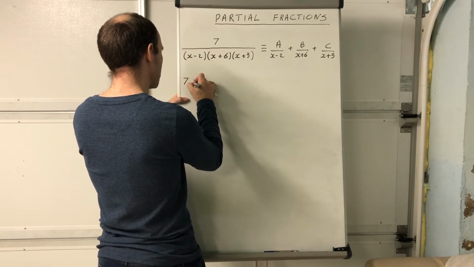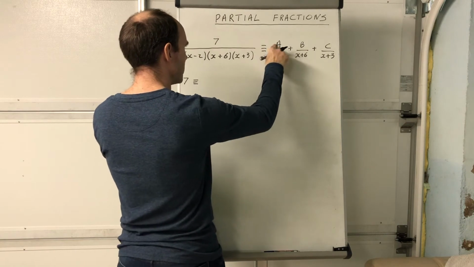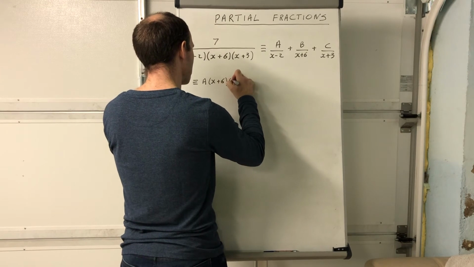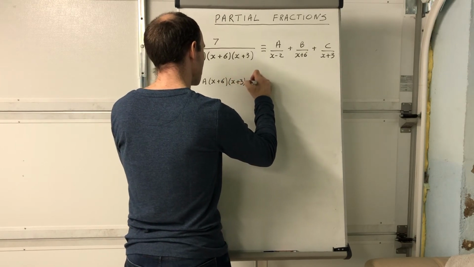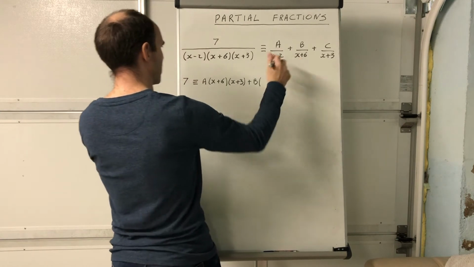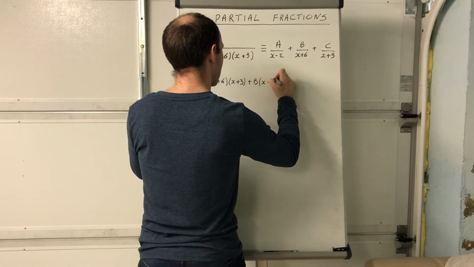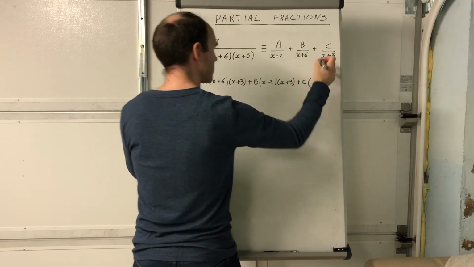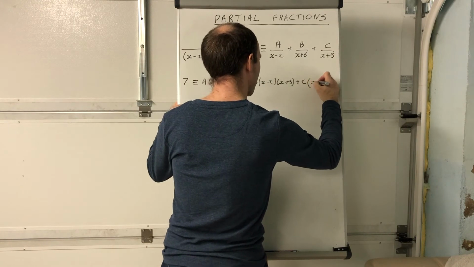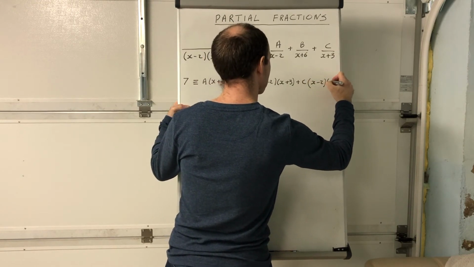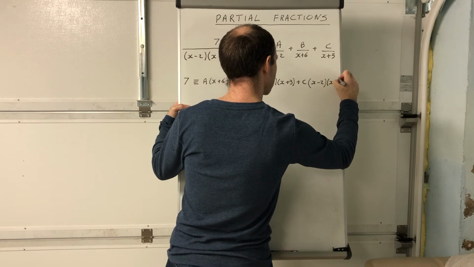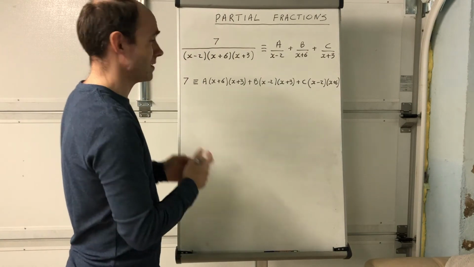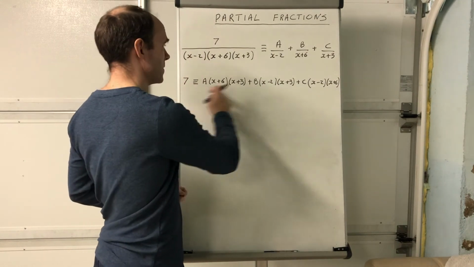So we've got 7 is the same as, and on the right hand side this will become a times x plus 6 times x plus 3, and then the middle term b will be x minus 2 times x plus 3, and then the last term c times by x minus 2 and x plus 6. God, it's always such a squeeze when there's 3 of these things, isn't it? Hopefully you're faring better than I am. There we go. That's it.